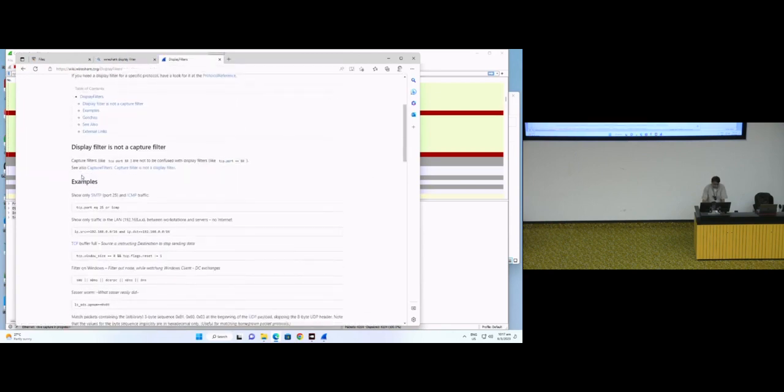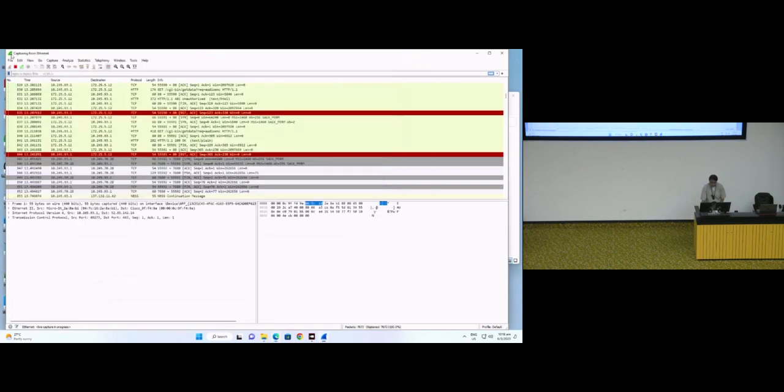Let's say we want to look at port 80. We're going to use TCP port 80, which is what web servers run on. And here I can put a display filter.